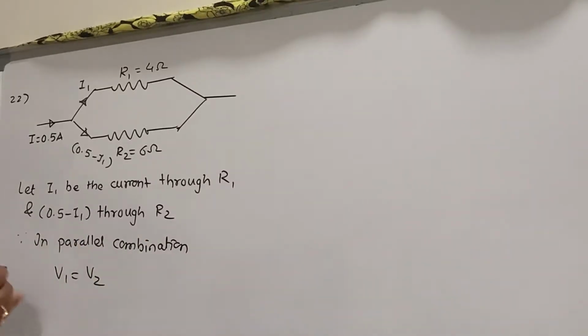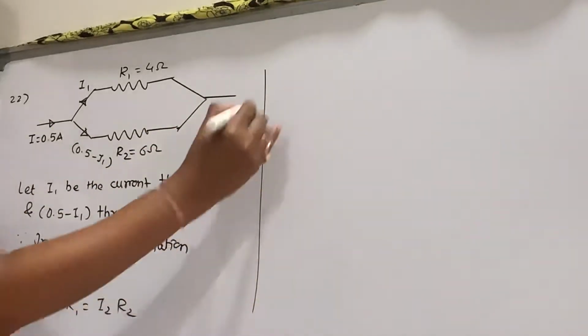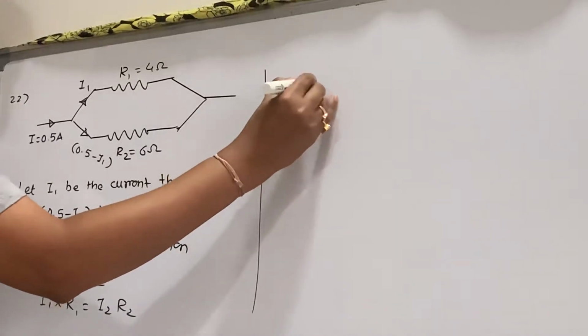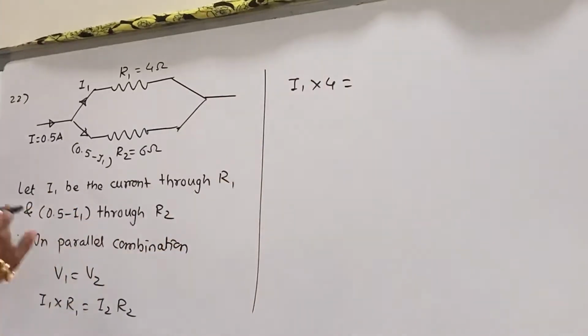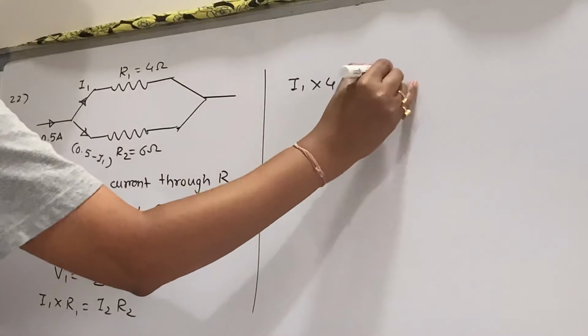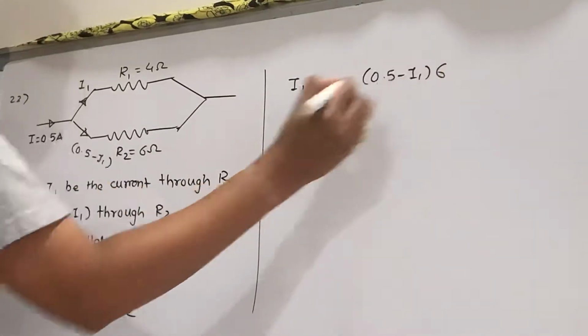Now V1 is nothing but I1 into R1, and V2 is I2 into R2. Just check. Here I1 is as it is, R1 will be 4. I2 will be 0.5 minus I1, into 6.